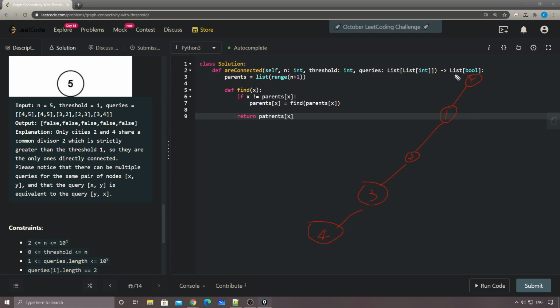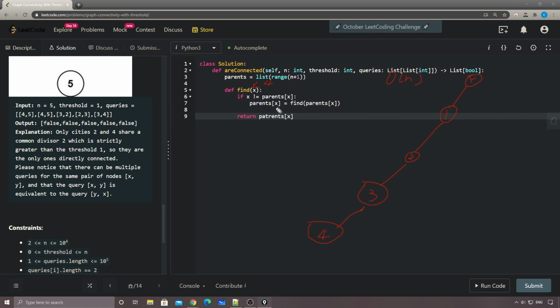Let's say they are all unioned together, all in the same set. Now when we try to find x, if we don't change anything, 4's parent is 3, 3's parent is 2, and so on. To find 4, we need to loop through 1, 2, 3, 4. We need to loop 4 times, and that's going to be O of n time complexity.